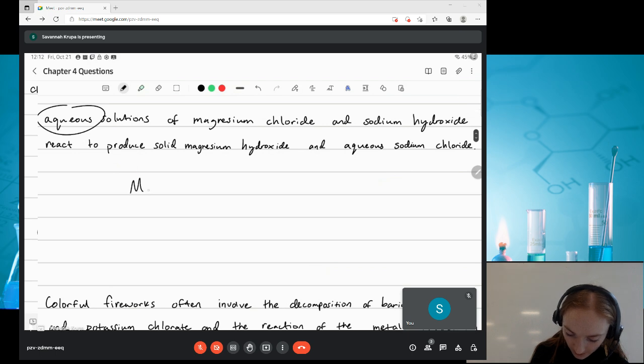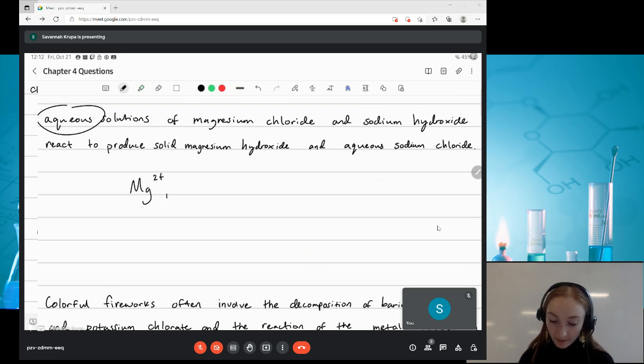So we have magnesium, and magnesium has a 2+ charge as well. Magnesium chloride, so we're working with a chlorine, and chlorine has only a minus charge. And it says magnesium chloride and sodium hydroxide.